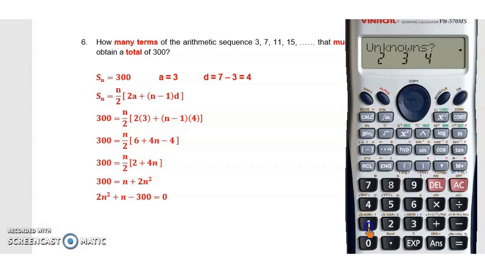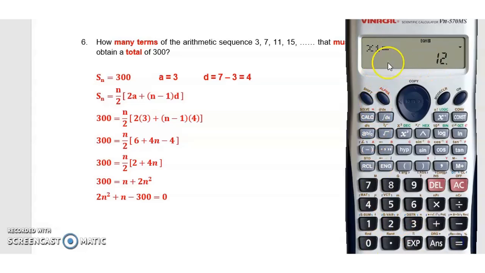Press number 1. Look for degree, press the right arrow. The highest degree here is power of 2, so you press 2. a is the multiplier for n squared, which is 2, press 2, then press equal. b is 1n, so b equal to 1, then press equal. Then value c is negative 300, then press equal.